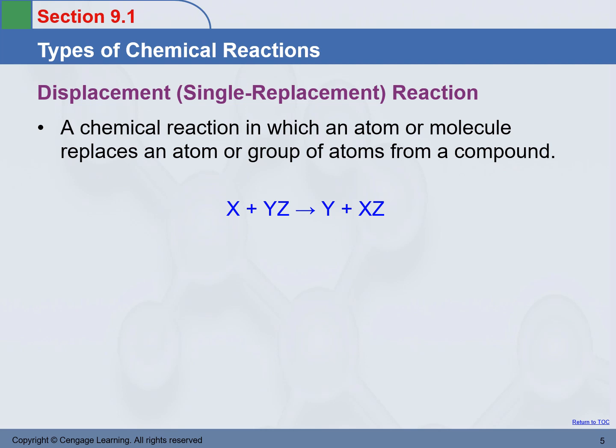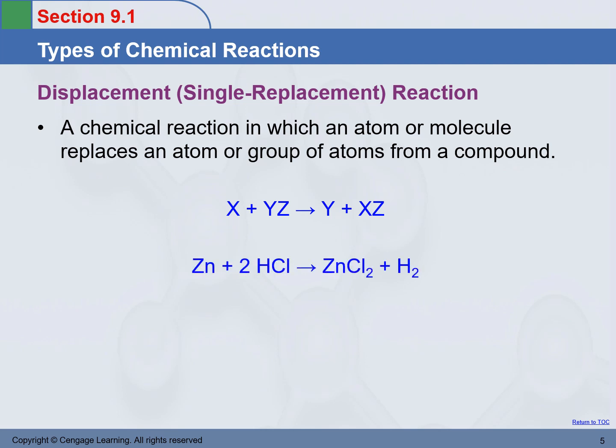X reacts with YZ, X will kick Y out, replace the position of Y and combine with Z. Y now is by itself. This is called displacement. X displaced Y in the compound. X takes the position of Y in the compound.